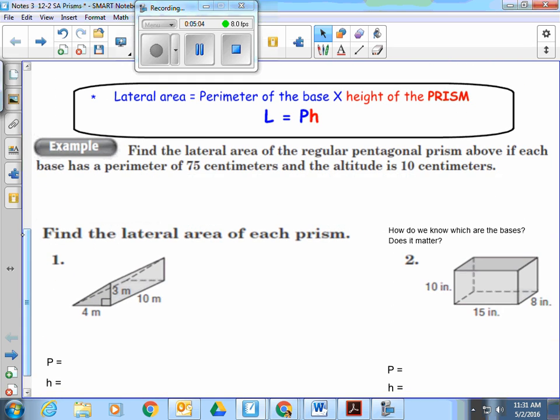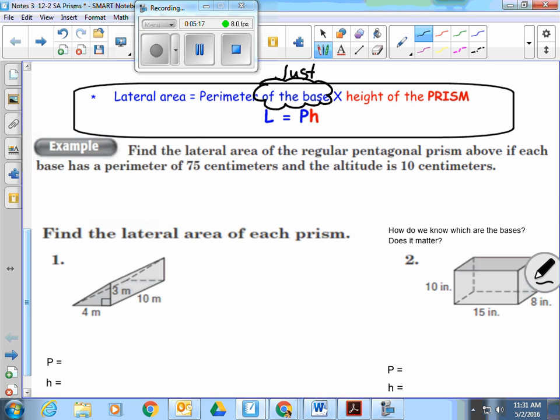What does this big P stand for? Perimeter of the base, just one of the bases. You just need the perimeter of one of them. And then the height of the prism, remember we just talked about the height, it connects the bases, right?